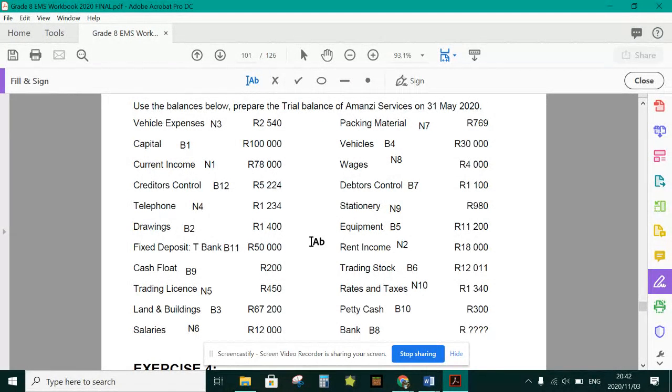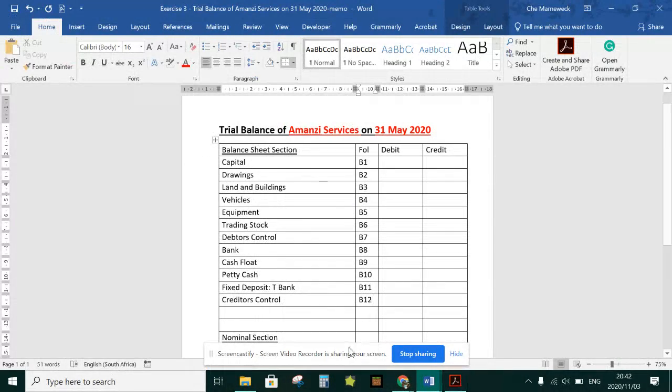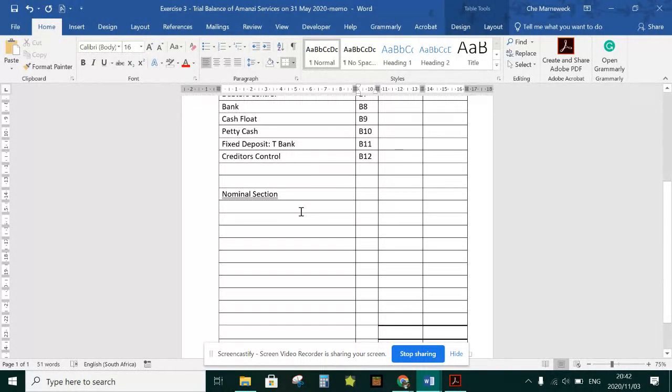Creditors B12. Then in our nominal section, current income N1, rent income N2. Then we have vehicle expenses N3. Then telephone N4.